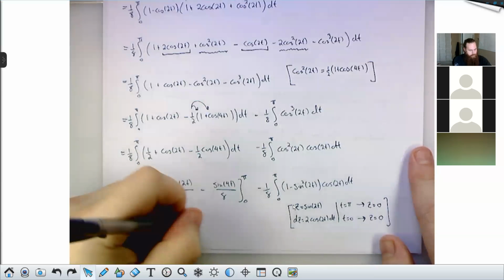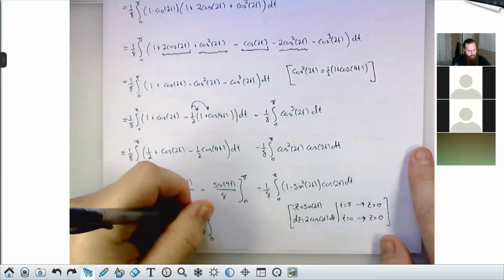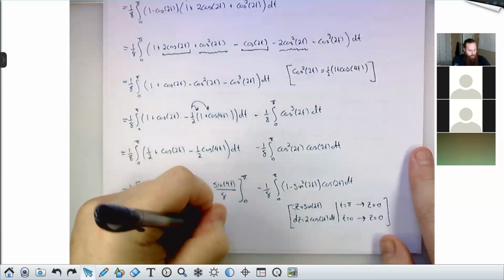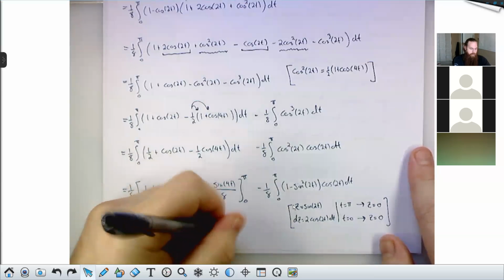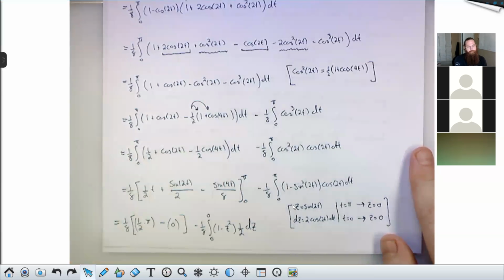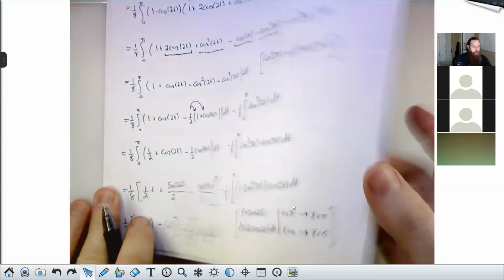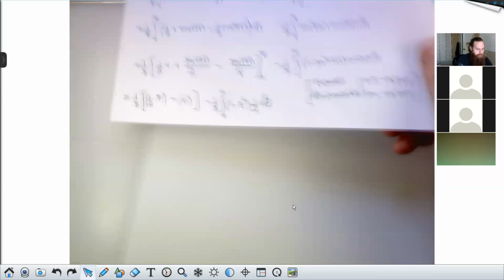And then this integral here is going to become minus 1/8 integral 0 to 0, 1 minus z squared times 1/2 dz, which is a funny looking thing. You may remember from Calc 1, if you don't, let me remind you.